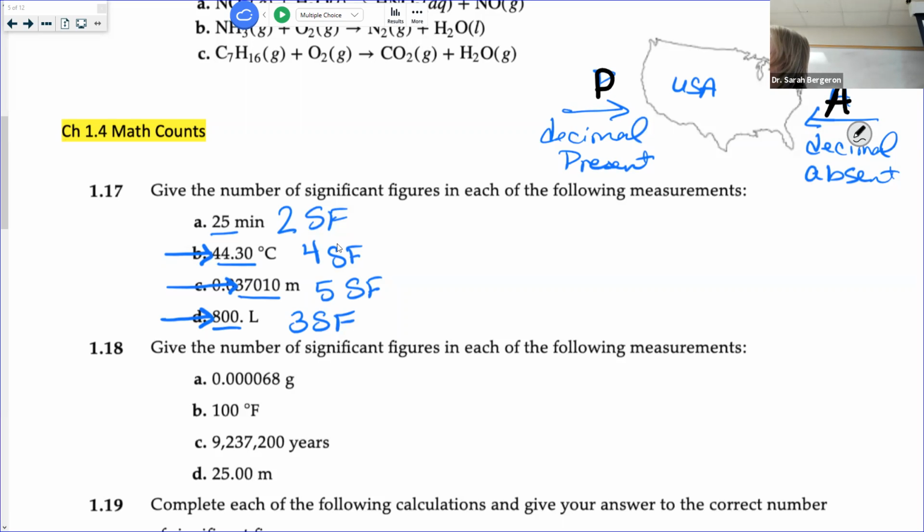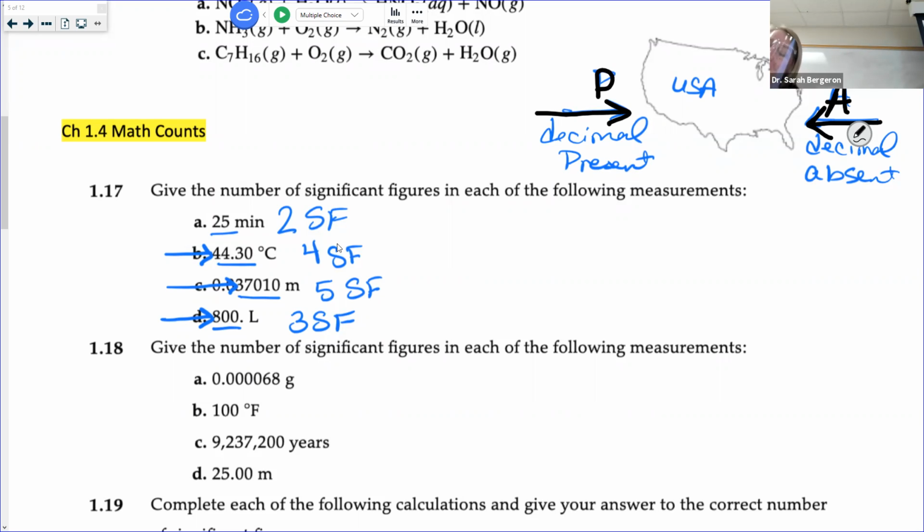Atlantic, that's A for Atlantic. So if you keep this picture in your mind, the P represents, if you have a number and the decimal is present, you're going to use that arrow that points into the United States. If your decimal is absent, you're going to use the arrow that goes the other direction.